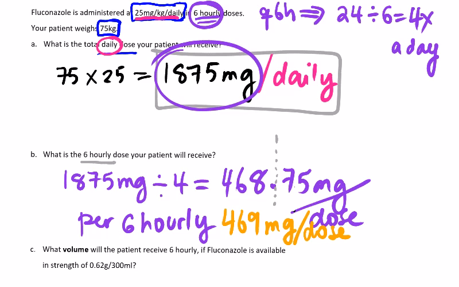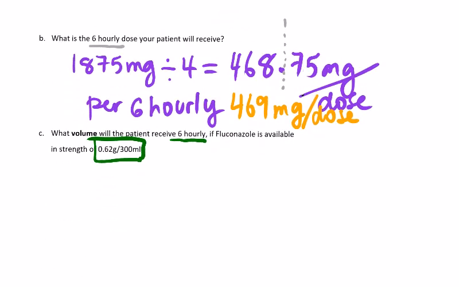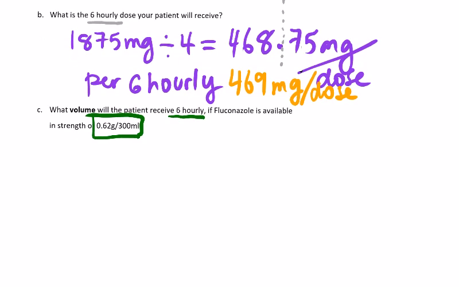The last question talks about the volume now, which refers to the 6-hourly dose. So what volume will the patient receive 6-hourly if the drug is available in strength of 0.62 grams per 300 mils? First thing, the drug is given in grams per mil, but the quantity we just calculated in part B, which is the 6-hourly dose, is in milligrams.